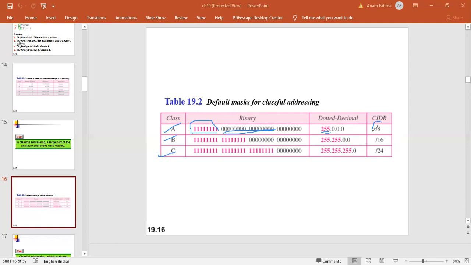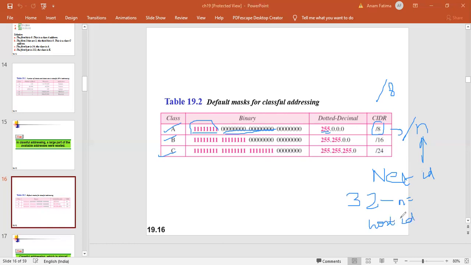Another way to represent it is in the form of your CIDR notation, where /8 represents that the starting 8 bits are going to be used for identifying the network ID. This /n, this n represents how many bits are going to represent the net ID, and 32 minus n represents your host ID part.